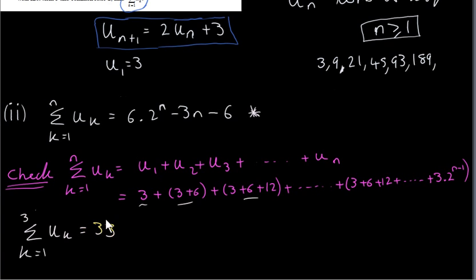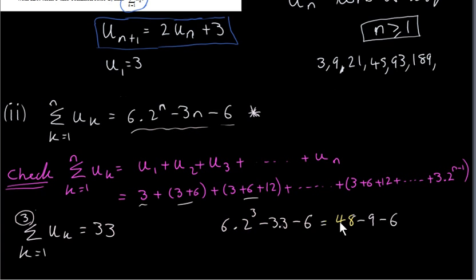Now we should get this answer if we plug n equals 3 into our formula, because we're summing as far as n equals 3. We get 6 times 8 is 48, minus 3 times 3 is minus 9, and then minus 6, so we get 48 minus 9 is 39. 39 minus 6 is indeed 33. So it checks out for n equals 3. So the chances are it's true for all other values of n.